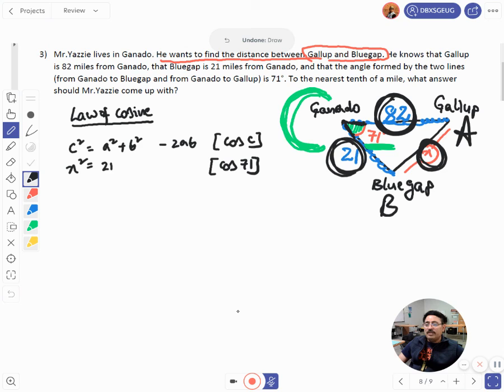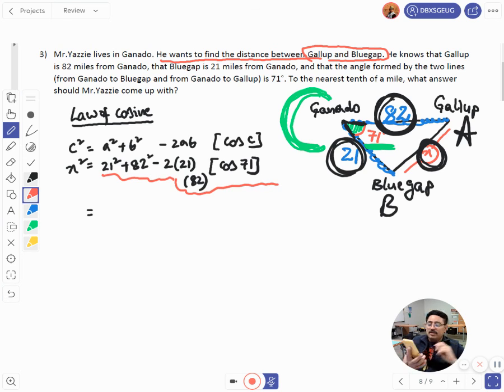Therefore, 21 squared plus B means opposite to angle B, that is 82. So 82 squared minus 2 times 21 times 82 times cos 71. Now, let me plug in whatever is written here on my calculator.